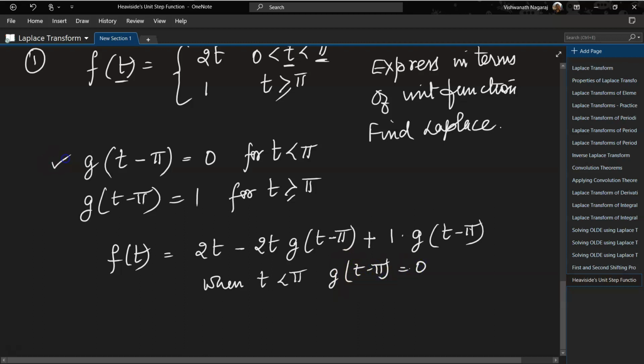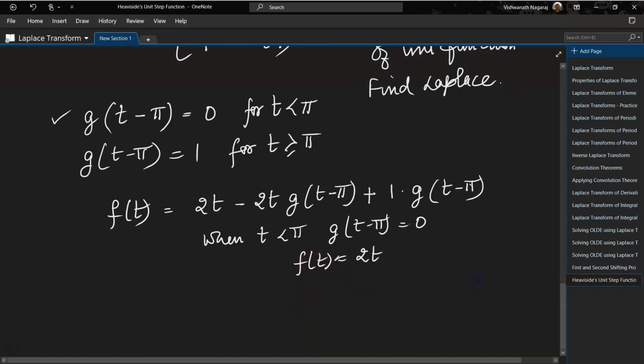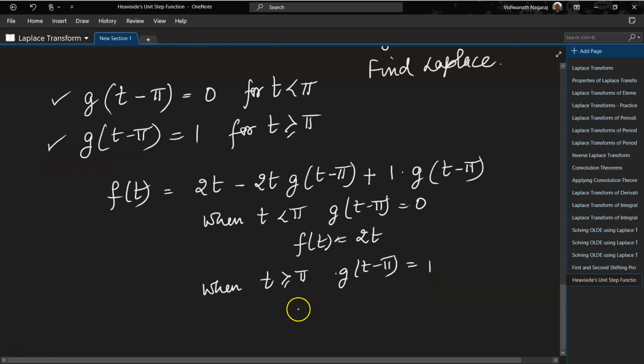So this is 0, this is 0. We are left with f of t equal to 2t, which is perfectly fine. Now, when t is greater than or equal to pi, g of t minus pi equal to 1.